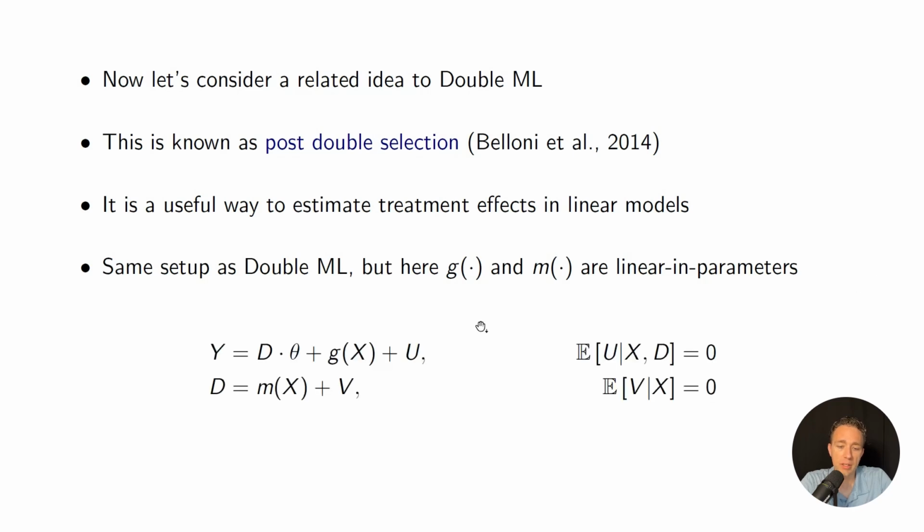So the notation in this paper in the ReStud is different than the notation that I have on this slide. I'm making it consistent with the double debiased machine learning video that precedes this one.